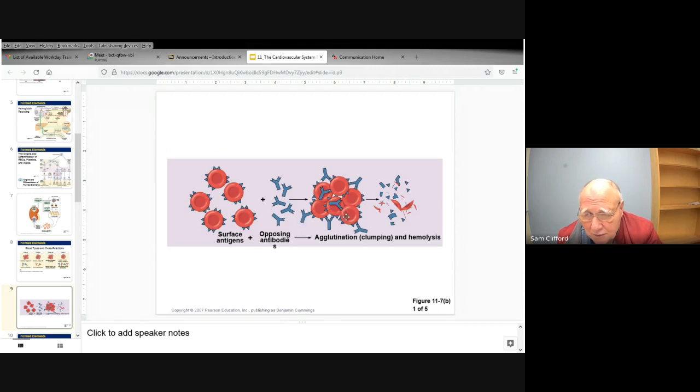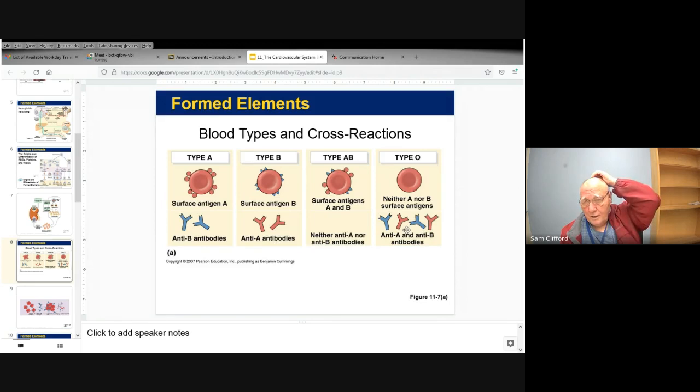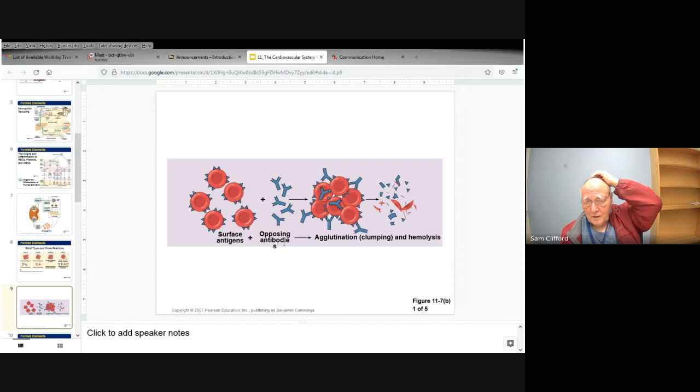You can see they clump up, which leads to breakup of the red blood cells. That's why you want to make sure they're given blood that's not going to cause clumping and hemolysis. Hemolysis means to break down red blood cells.